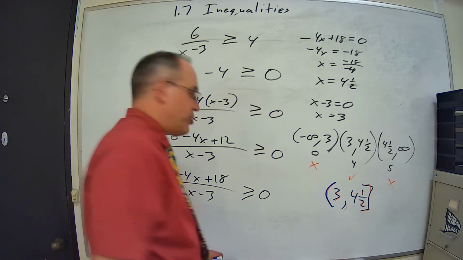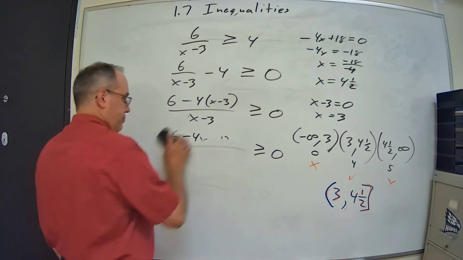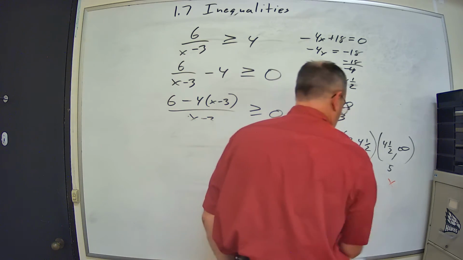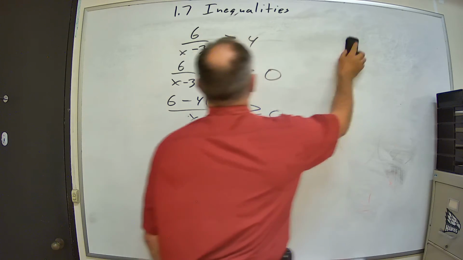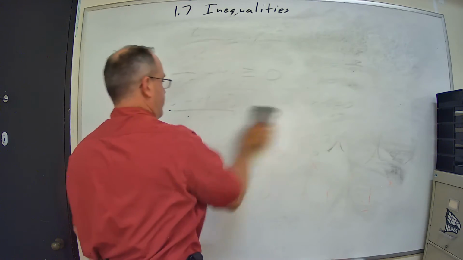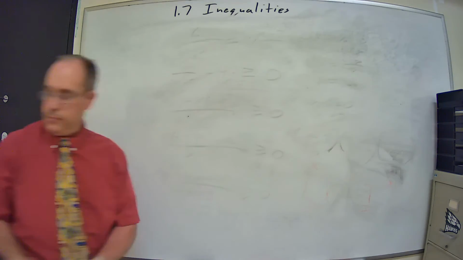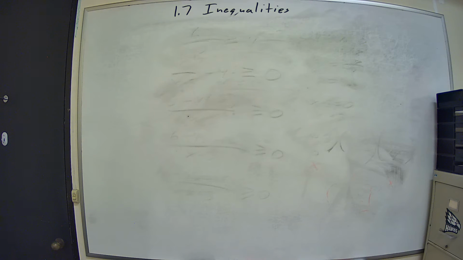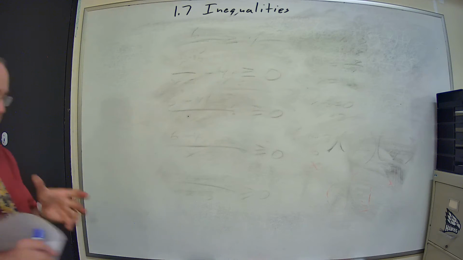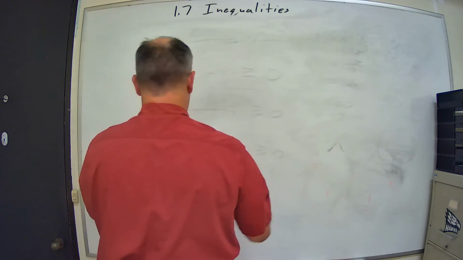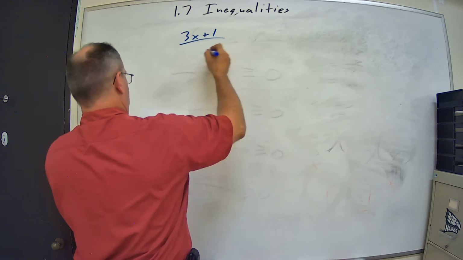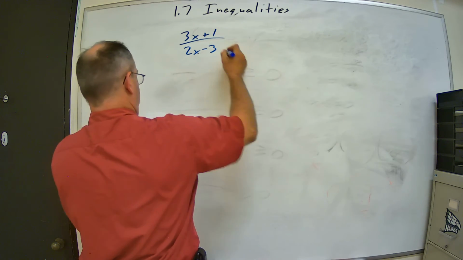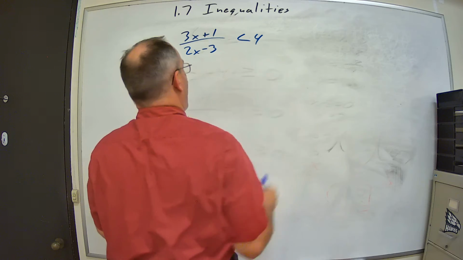Well, that was fun, but let's do another one. Maybe make it a little more complicated. 3x plus 1 over 2x minus 3 less than 4.